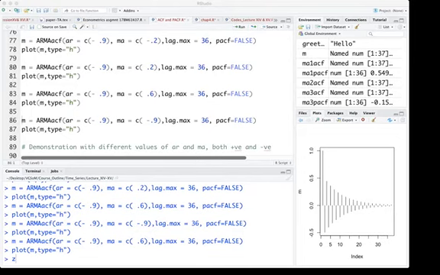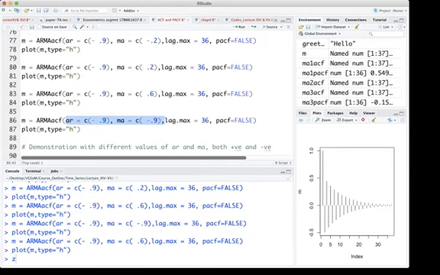Now let us take the next case that I have written down here. Here we will have the values for theta and phi both pretty high but both negative: minus 0.9 and minus 0.9. Now, if I plot them, intuitively we can expect that it will look like an exponential decay, because the phi coefficient is pretty high, and since it is negative, the exponential decay should be around both sides of the x-axis.